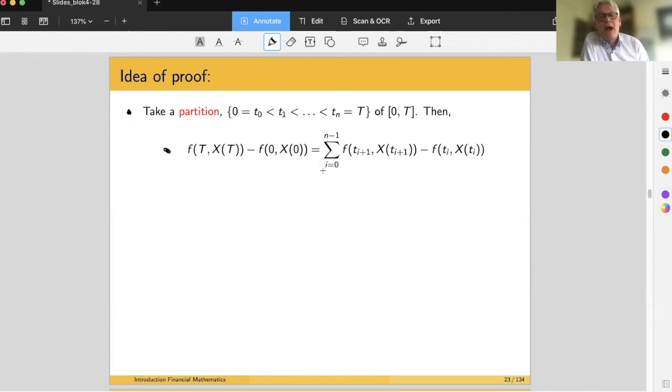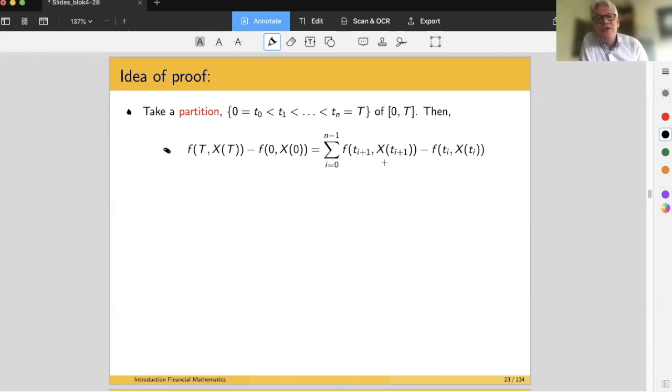It's a sum, i runs from 0 to n minus 1, of f at time point t(i+1), x at t(i+1), minus f at ti, x at ti. And this is just a telescoping sum, in which the first term and the last term remain.